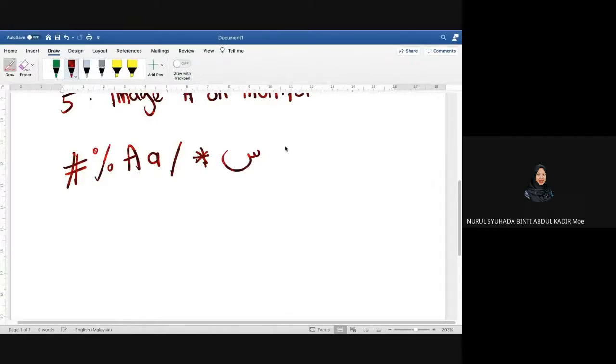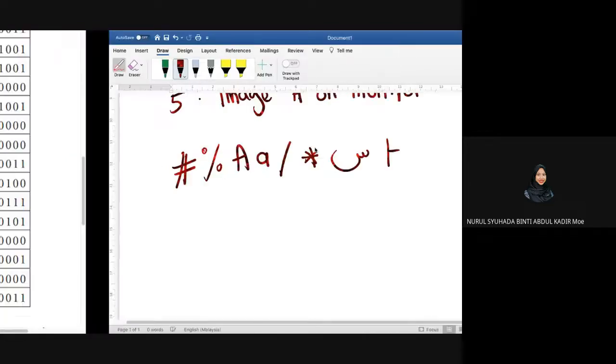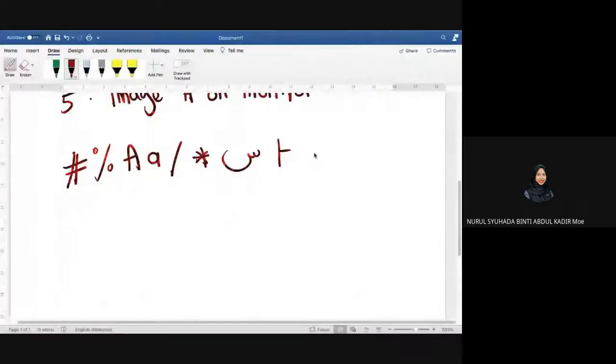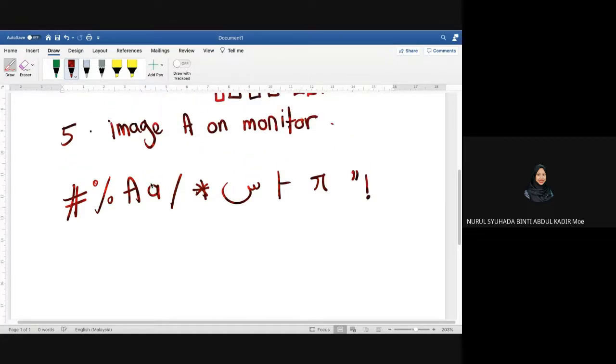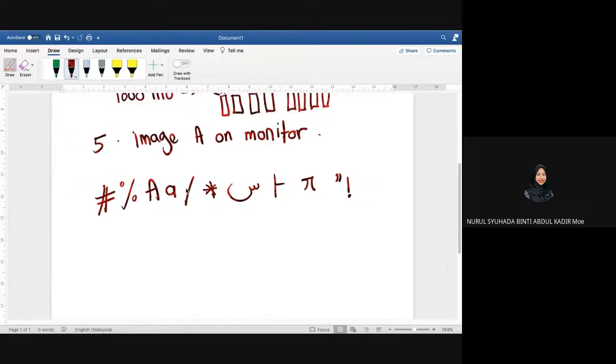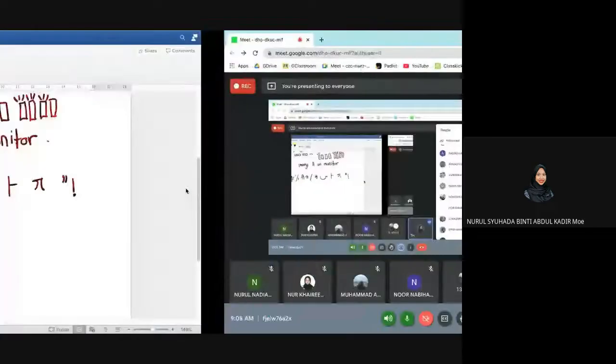Kalau bahasa Korea, kalau Chinese character, kalau kita ada pi. Ni semua dikira simbol. Quotation mark, punctuation mark, semua tu simbol. So when I'm talking about symbol, it's not just letter. Okay? So clear kan kefahaman anda.